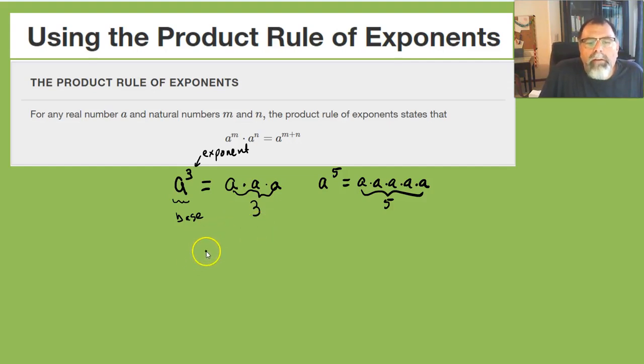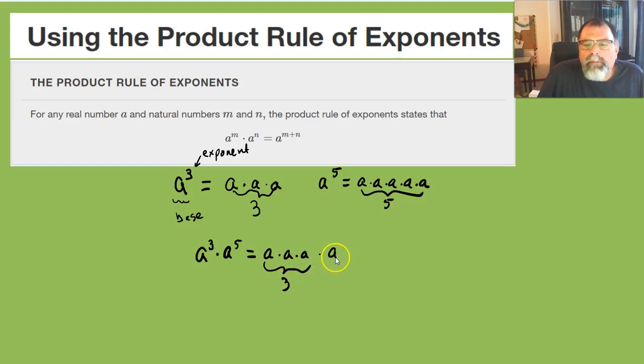So if I wanted to do a to the third times a to the fifth, because multiplication is associative and commutative, you can think of a to the third as the first one, a times a times a, right? There's your 3 of them.